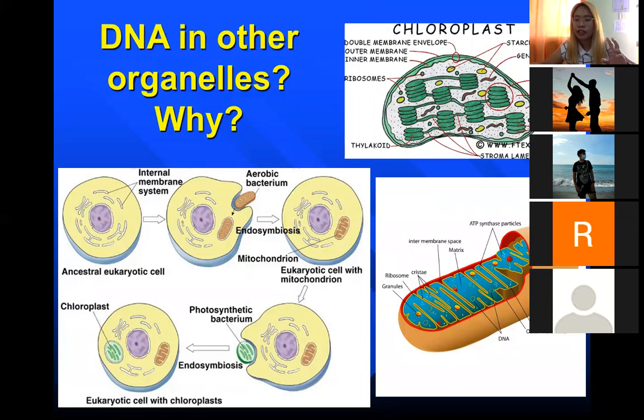So because they have this ability, yun nga yung naging theory nila na even before, nag-i-exist na itong chloroplast in the form of a bacteria, the same itong mitochondria, nag-i-exist na sila noon in the form of a bacteria, mas maliit sila doon sa eukaryotic cell.